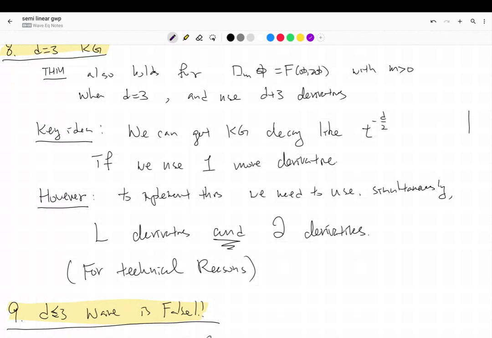Okay, so that's the first remark I want to make, which is that you can make use of the improved decay for Klein-Gordon. You just need to do things with a little bit more technicality involved. But it's not out of the realm of possibility.